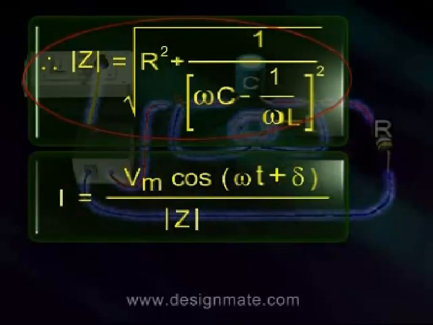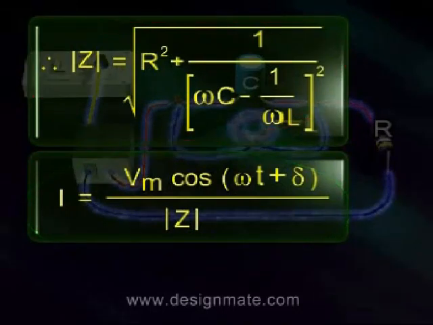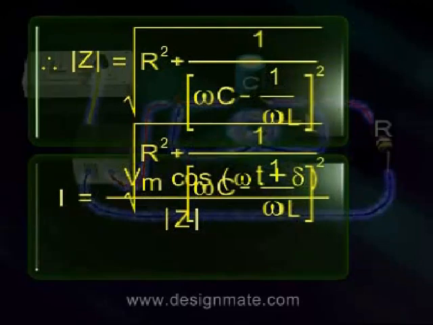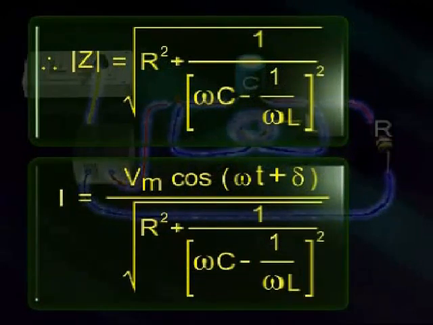Expression for the current is obtained by using the above value for Z in the equation. Thus, I is equal to Vm cos(omega t plus delta) upon square root of R squared plus (1 upon omega C minus 1 upon omega L) whole squared.